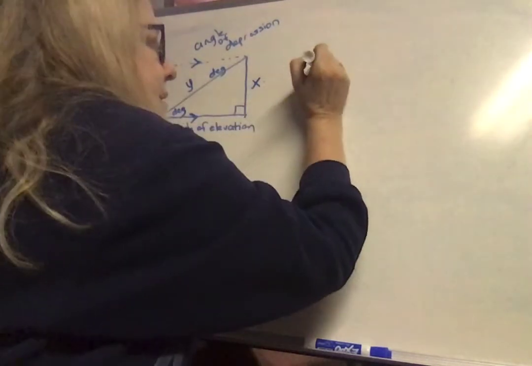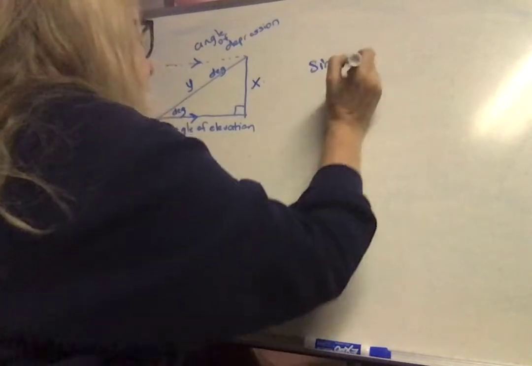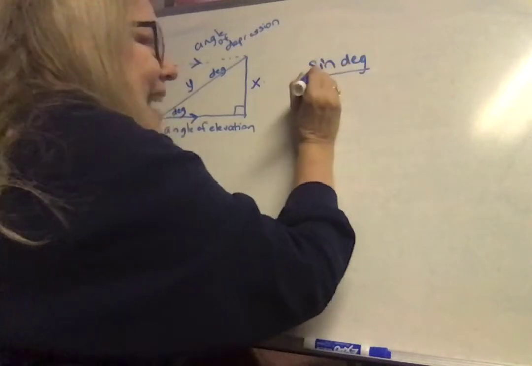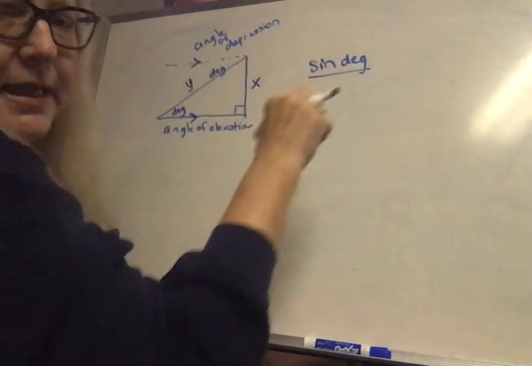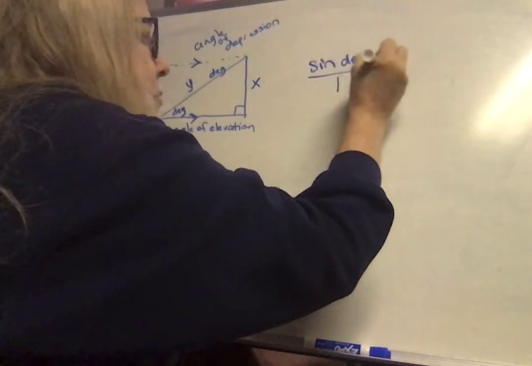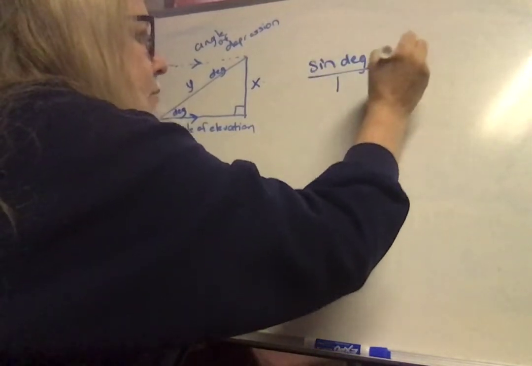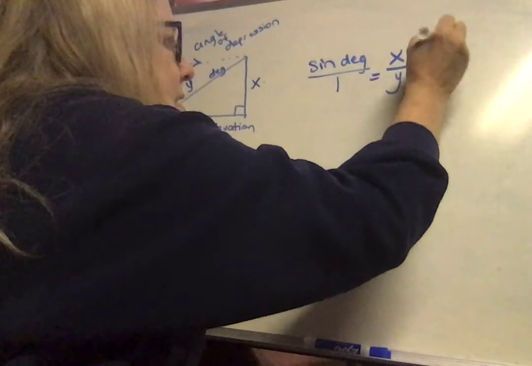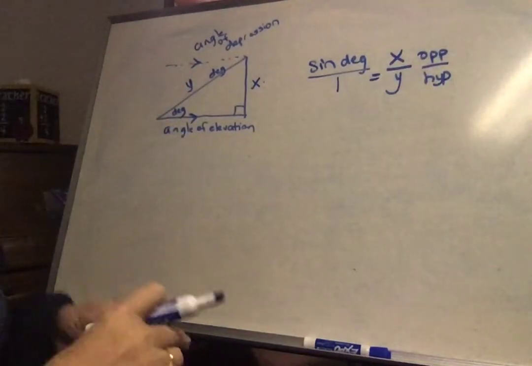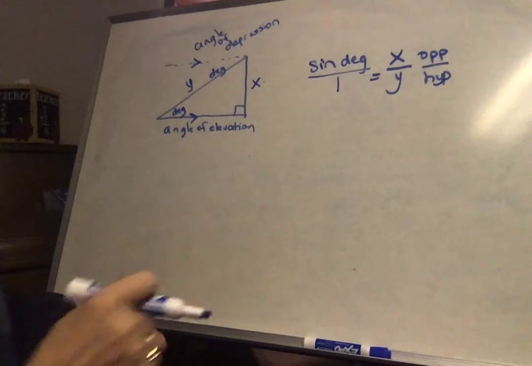To set that particular one, sine of the degrees, it's always connected with the degrees. Sine of the degrees over 1 equals, in this case, x over y, because opposite goes over hypotenuse. That's the trig ratio for sine.